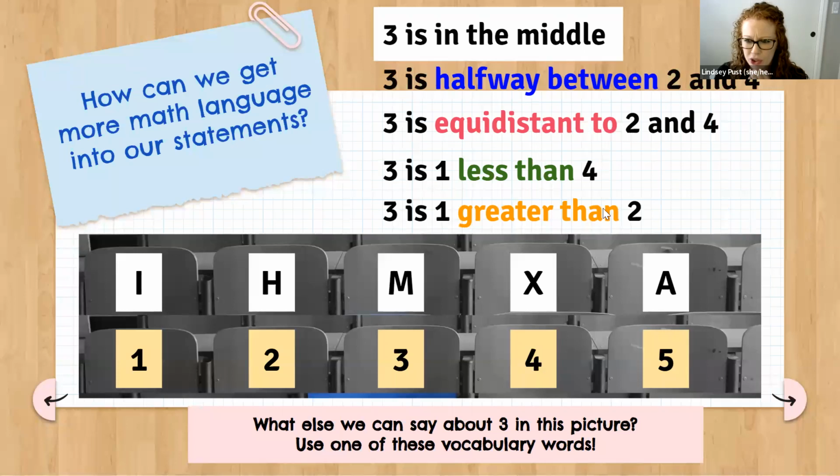So now I want you to choose one of these vocabulary words, these 4: halfway between, equidistant to, less than, or greater than. And I want you to think, what else can we say about 3 in this picture? Using one of these words, but writing a different statement.